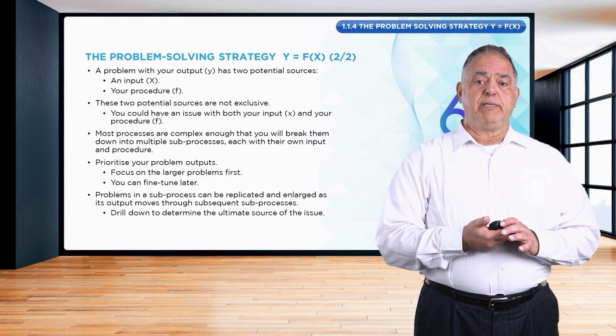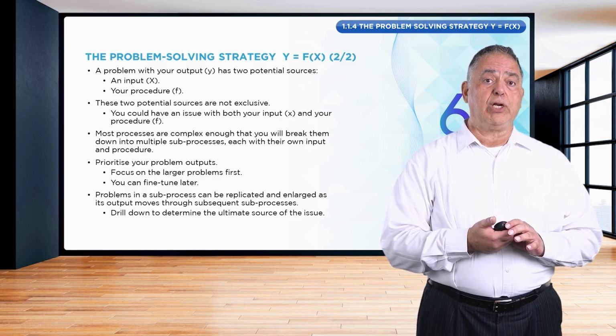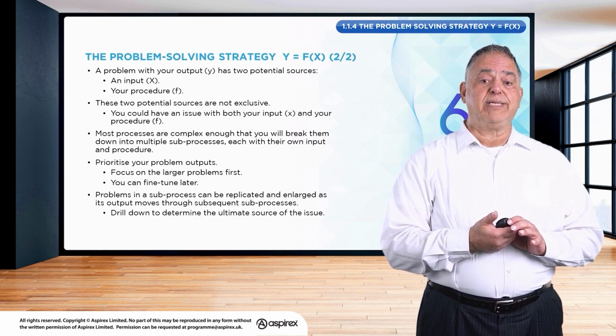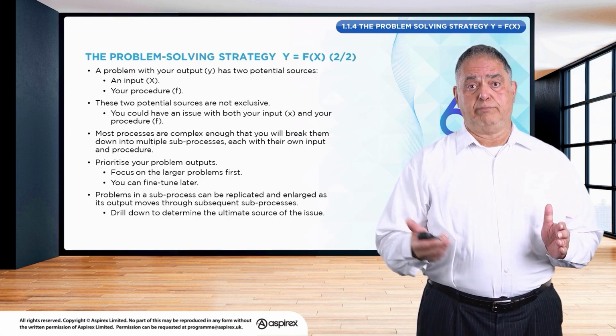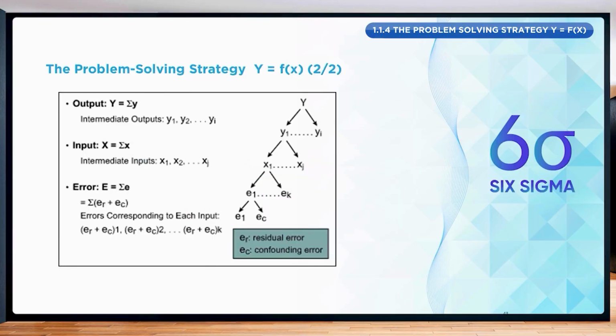So problems in a sub-process can be replicated and can be enlarged as its output moves through subsequent sub-processes or process steps between the start and the end of the process. On the figure, we can see that we can have multiple process outputs, we can have multiple process inputs, and there's always a margin of error associated with each combination of input and output.